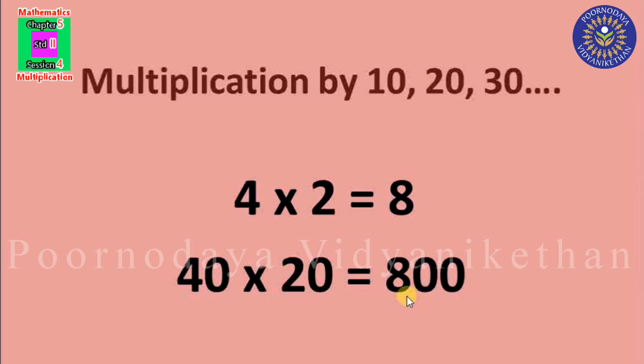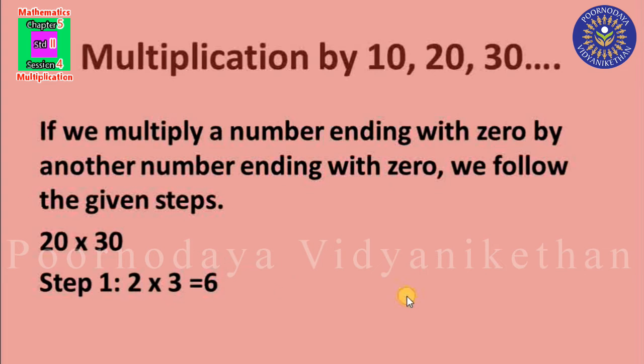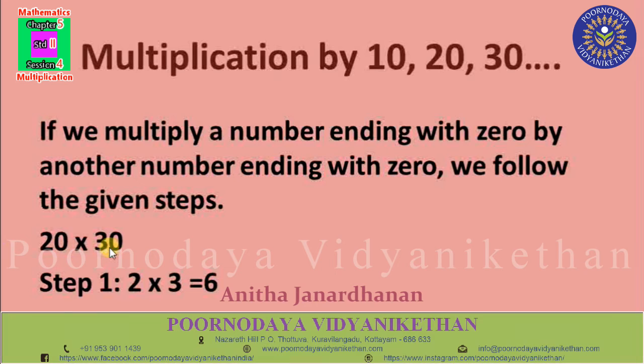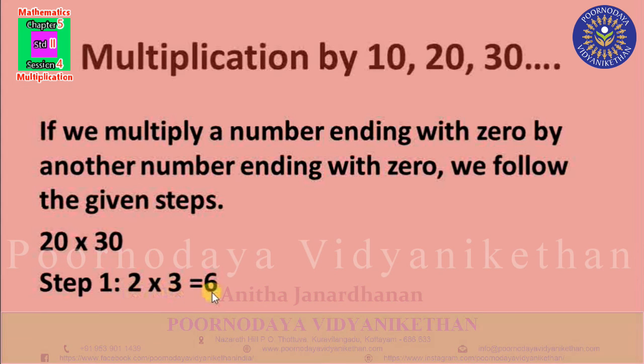Clear? Did you understand? Yes. If we multiply a number ending with 0 by another number ending with 0, we follow the given steps. Listen carefully. One example is given here. 20 into 30. Both of these numbers end with 0. So first step, what you have to do? Yes, multiply 2 into 3. 2 into 3 is equal to 6.